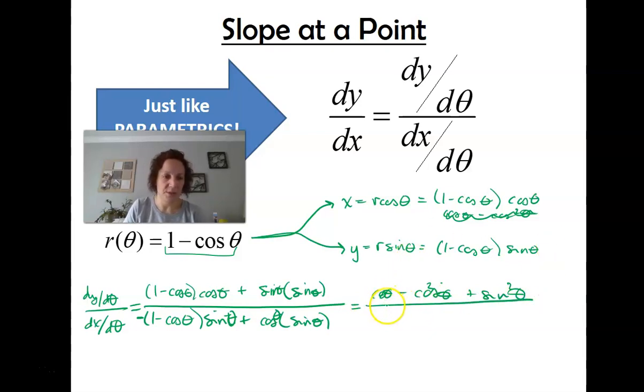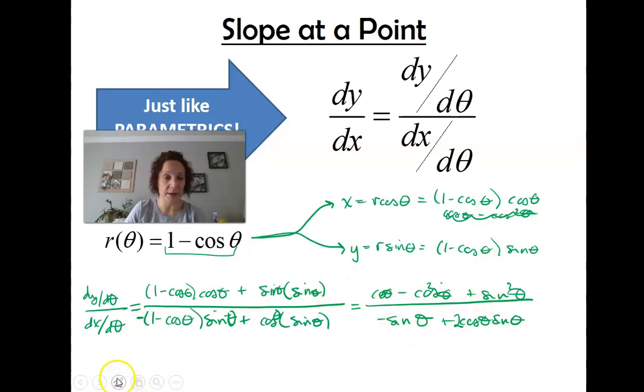And then this would be, let's see, negative sine theta plus cosine theta sine theta. Oh, you got two of those. Okay. There's not a whole heck of a lot you can do here.